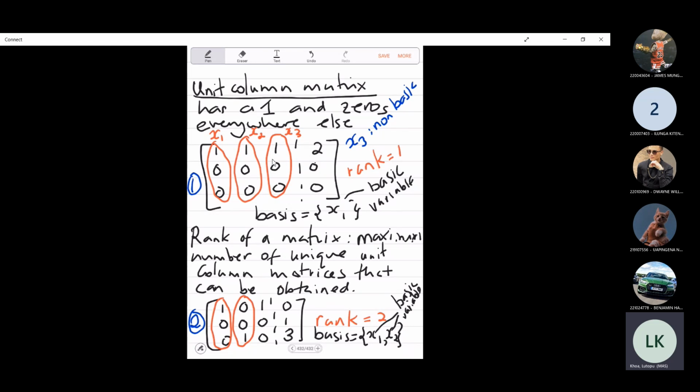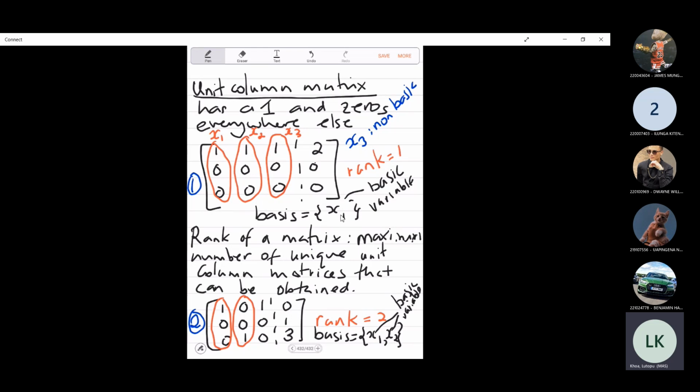Okay, so here we've done Gaussian elimination, and this is what we have. We've determined our rank, and we've chosen our basis to be x1. Now we want to come up with something like x1 is equal to this, x2 is equal to this, and x3 is equal to that.